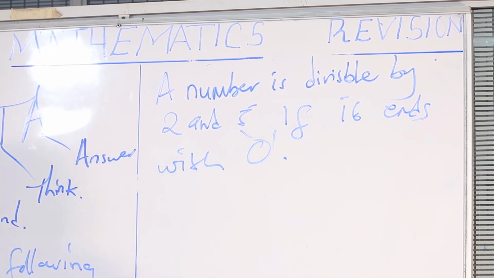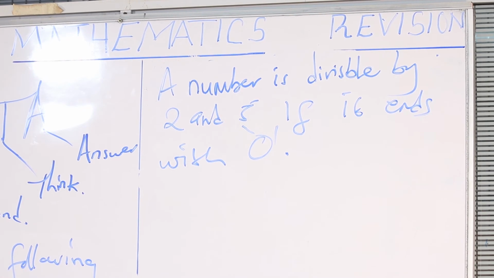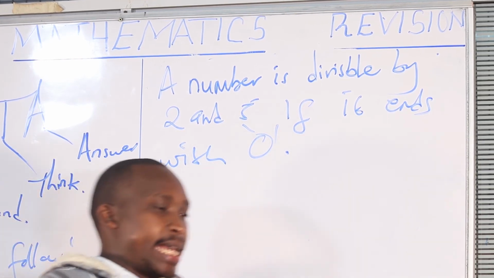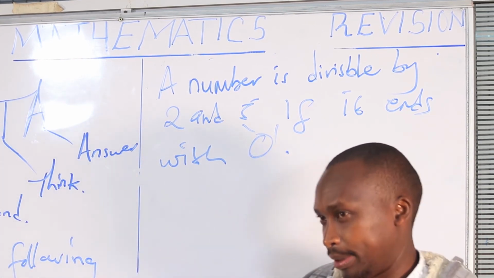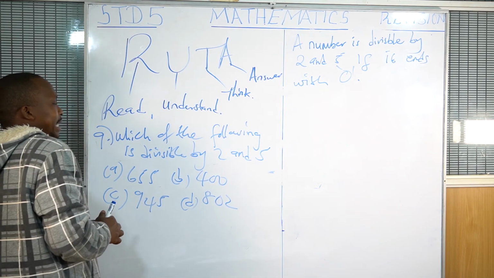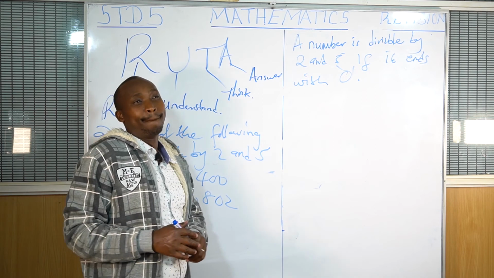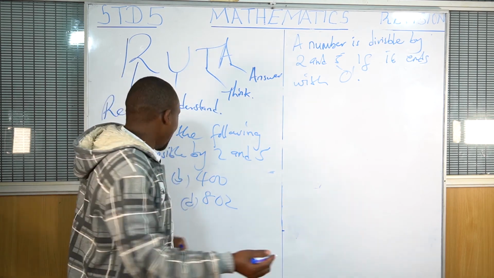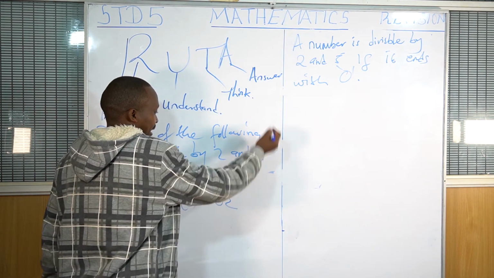A number is divisible by 2 and 5 if it ends with 0. Now, which of the following numbers ends with 0? Very good. That is 400.